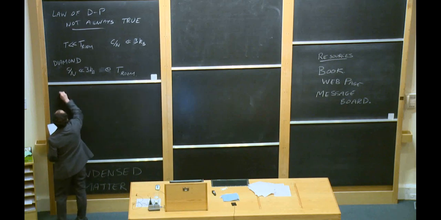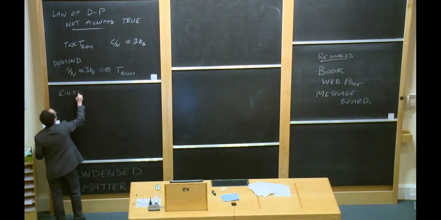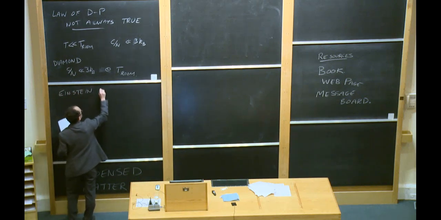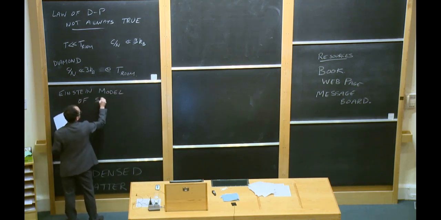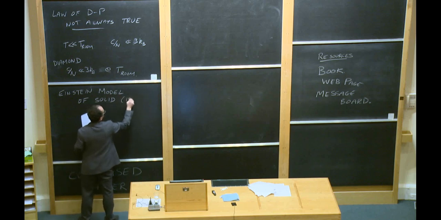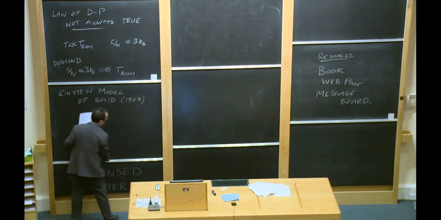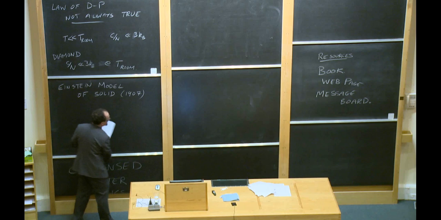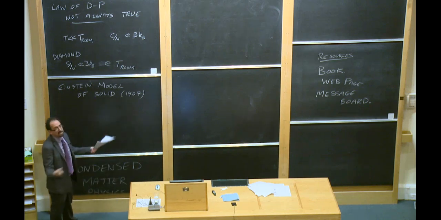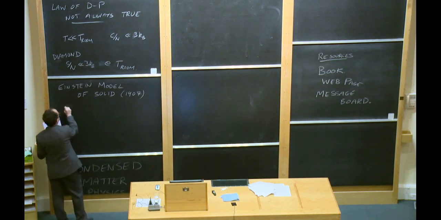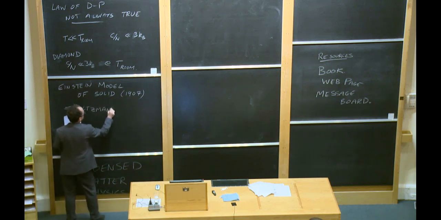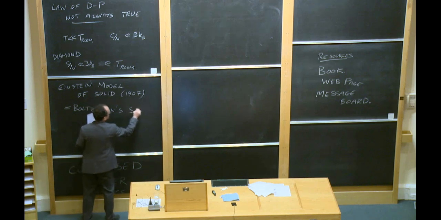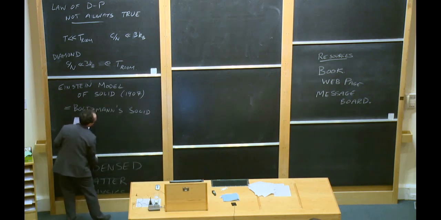So this is Einstein's model of a solid, which is 1907. And Einstein's model of a solid is actually exactly the same as Boltzmann's model of a solid, plus one ingredient.